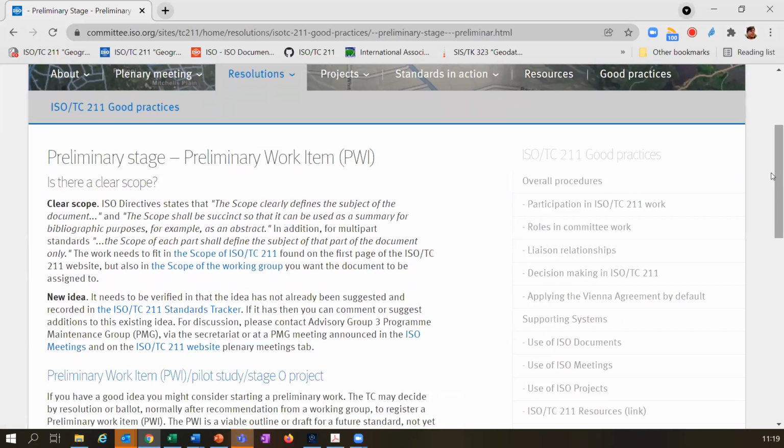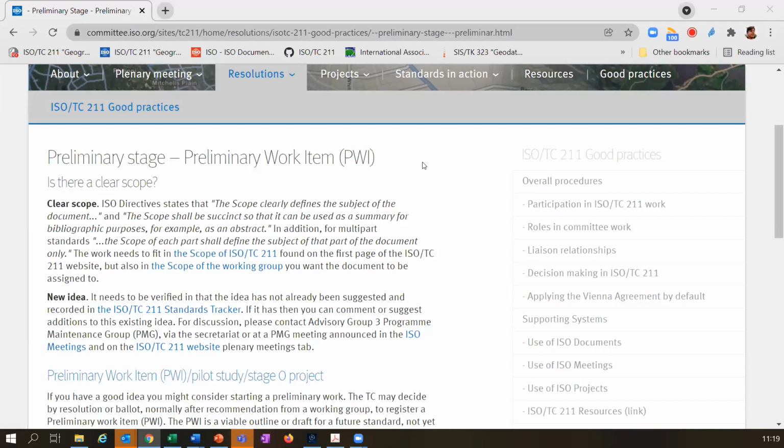So the famous ISO clock does not start ticking down on the timing that you need to actually create the documents. You can then, of course, have a time before starting that clock. That's called a preliminary work item.